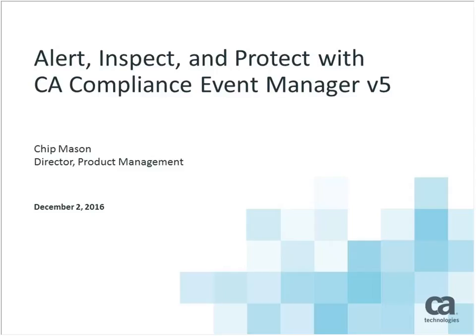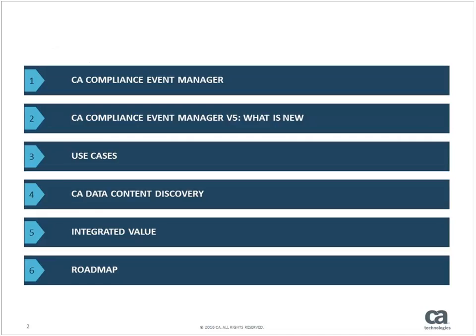So let's get started. We're going to go through a real quick agenda here. We're going to talk a little bit about Compliance Event Manager to give you some ideas of what its scope is. I'll then go into a bit about what's new in version 5. There are obviously a number of use cases that can be solved with the solution. I'll go into just a few of them to introduce what we can do with the solution.